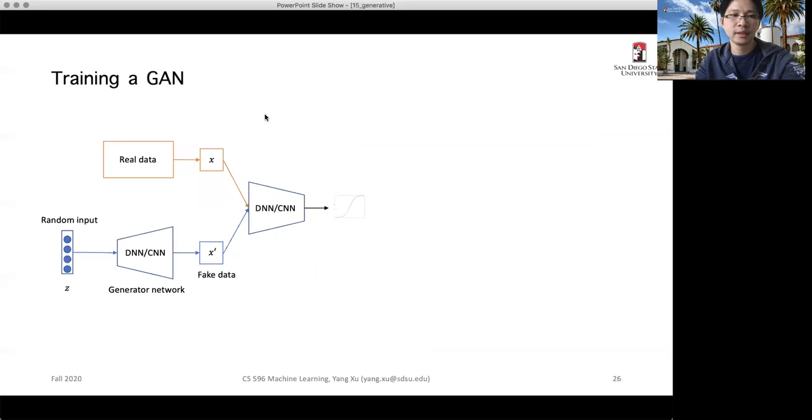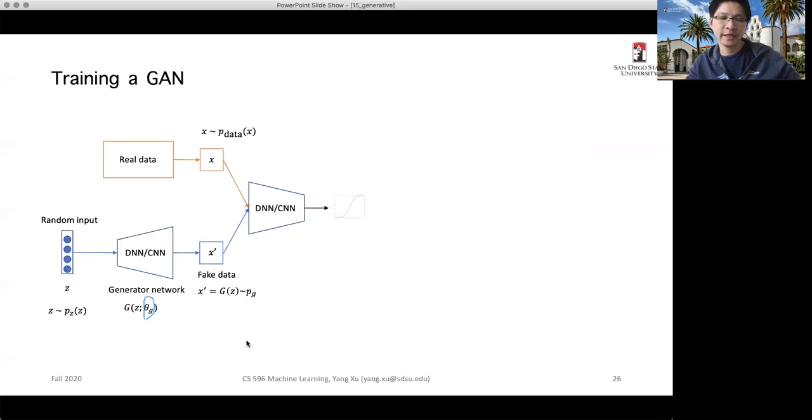So the training process, if we describe it with mathematical language, we can think of it as drawing examples from distributions. Say the random input Z is from a distribution P of Z. The generator will take the Z as input, and theta of G is all the parameters involved in the DConvNet model.